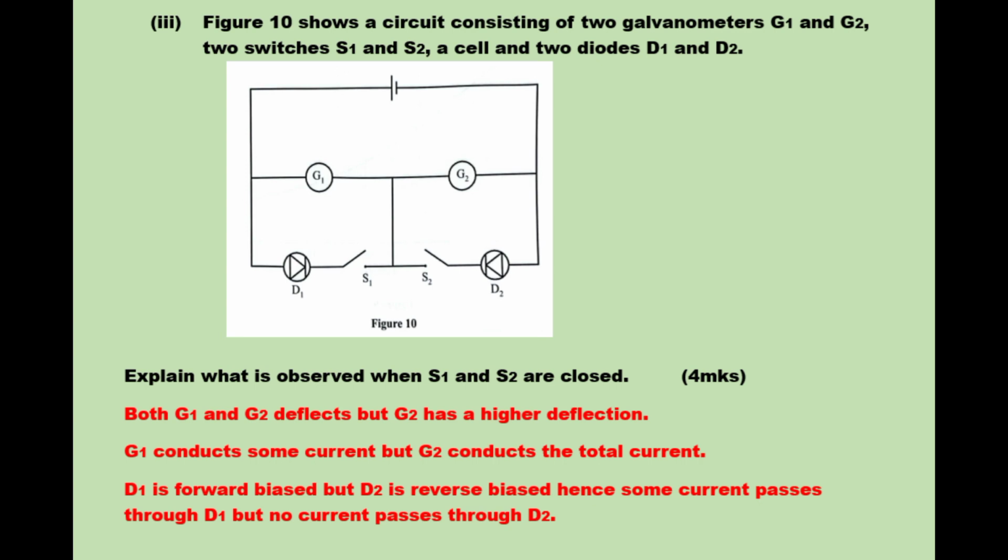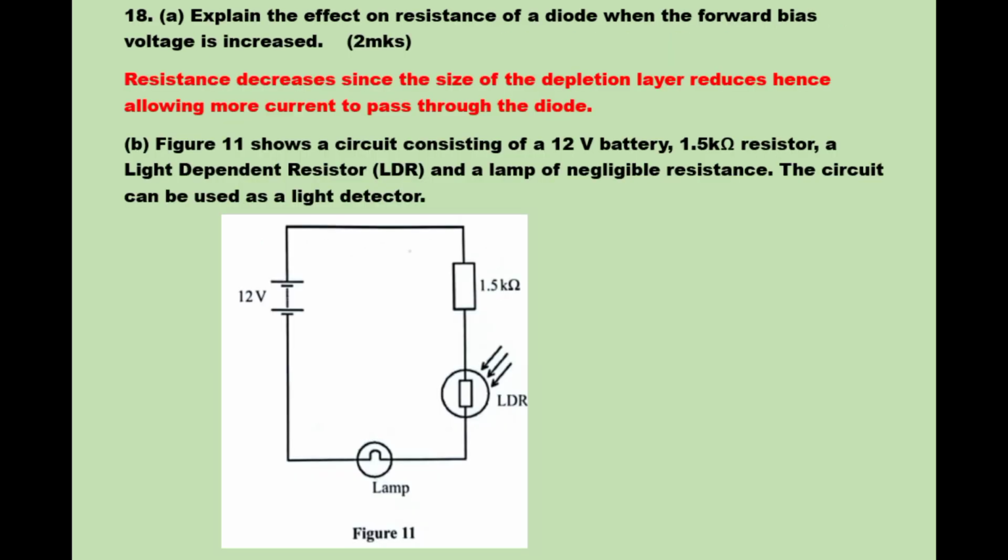So we go to question 18a. Explain the effect on resistance of a diode when the forward bias voltage is increased. The keyword is that the forward bias voltage is increased.